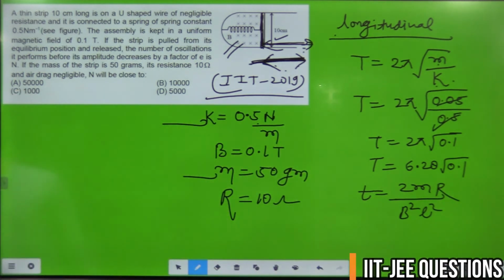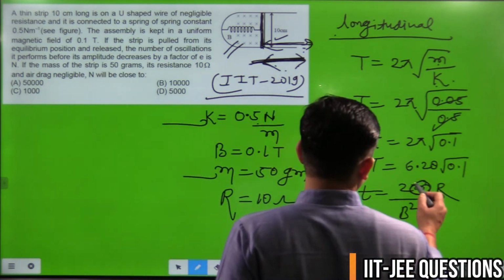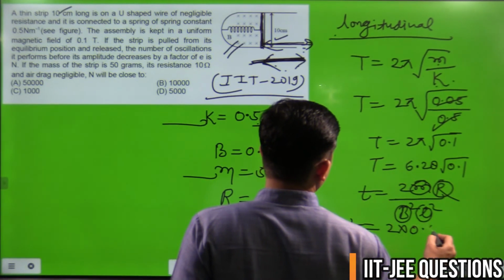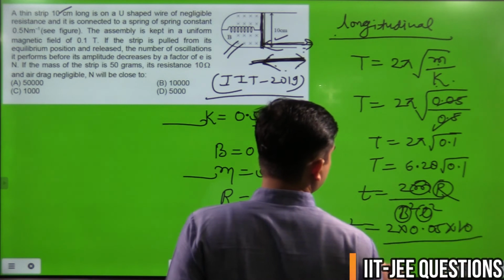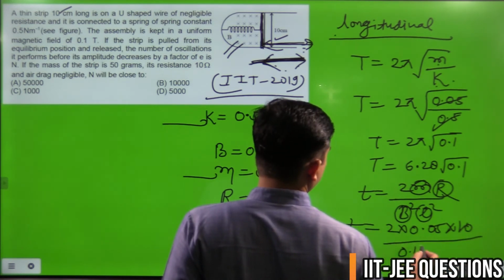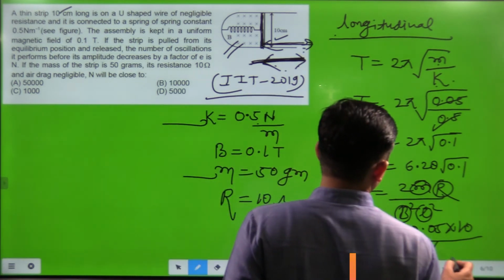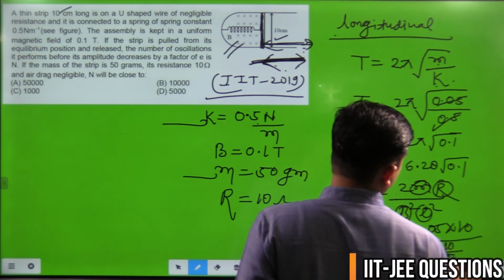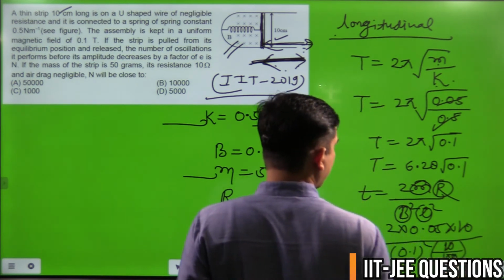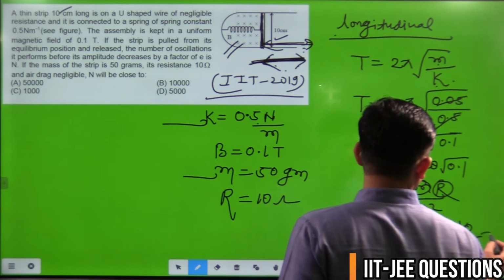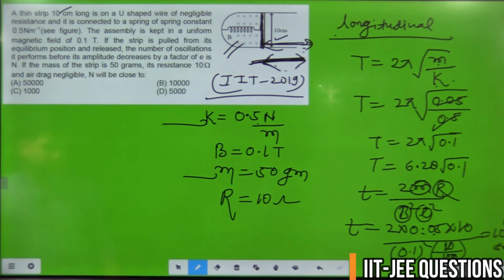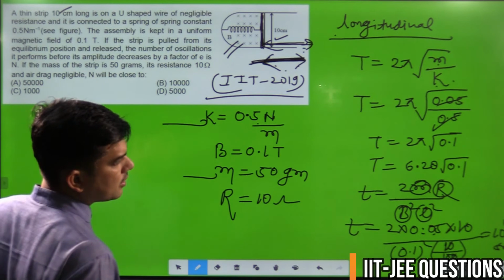It's a very simple formula for wave oscillation, and when we put the values of m, R, B and L, m 0.05, R 10 upon B 0.1 square and L 10 centimeter, in meter 0.1, then the final answer will be 10 to the power 4 seconds. Hope this is clear.